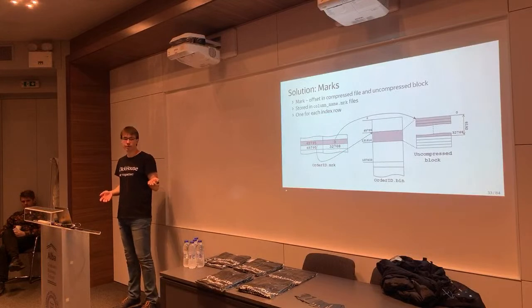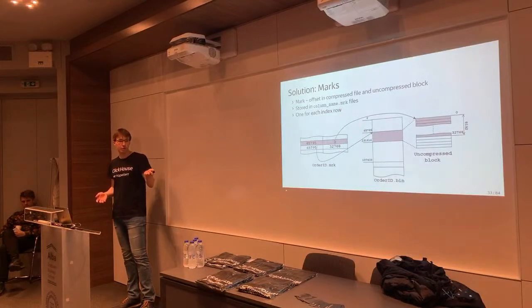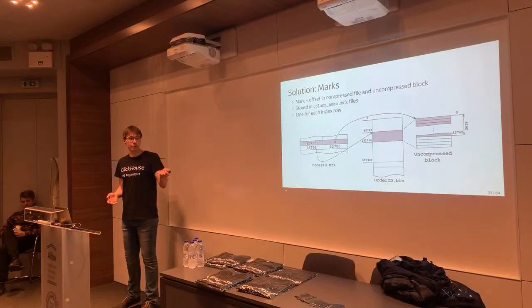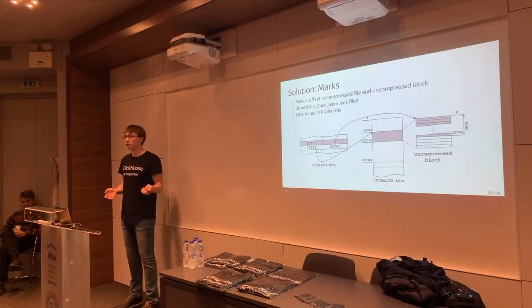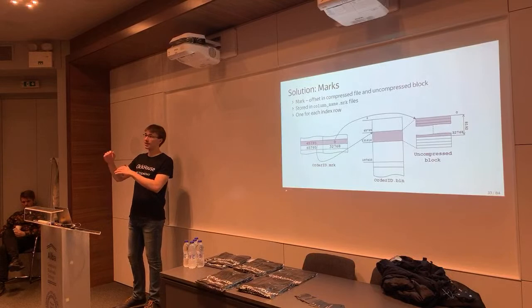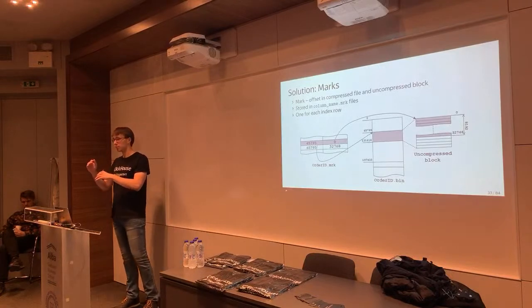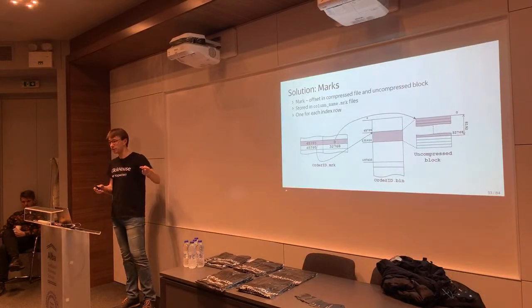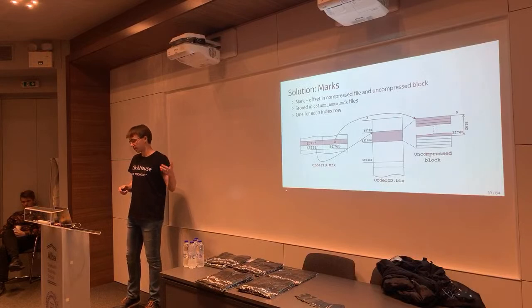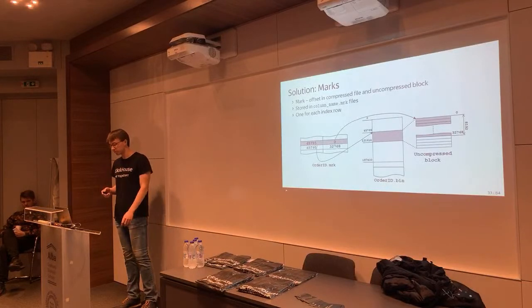The first one points to the offset in our compressed column file, and the next one points to the offset in our uncompressed block. What is important about marks is that between each two marks we have exactly granularity rows. So as between two index rows we have by default 8192, between each two marks we have 8192. Quite simple.